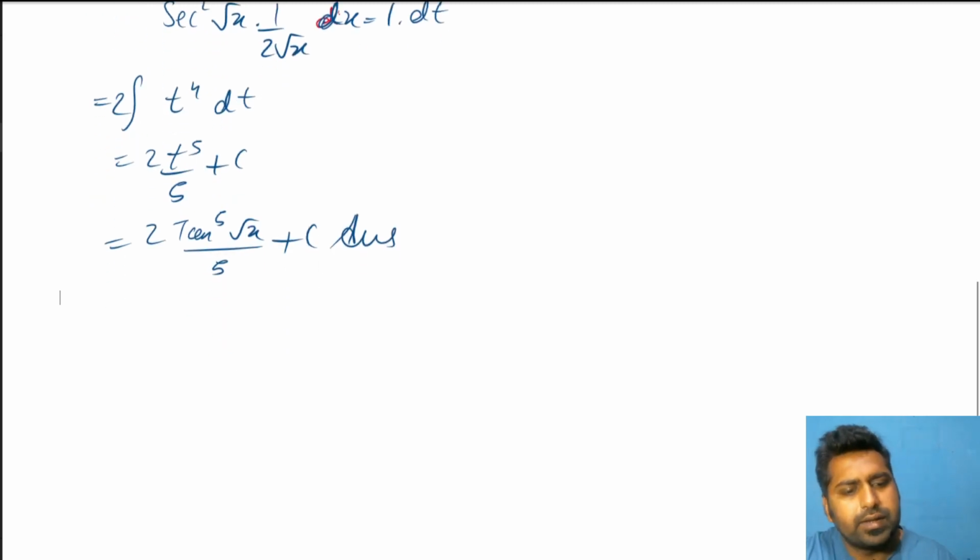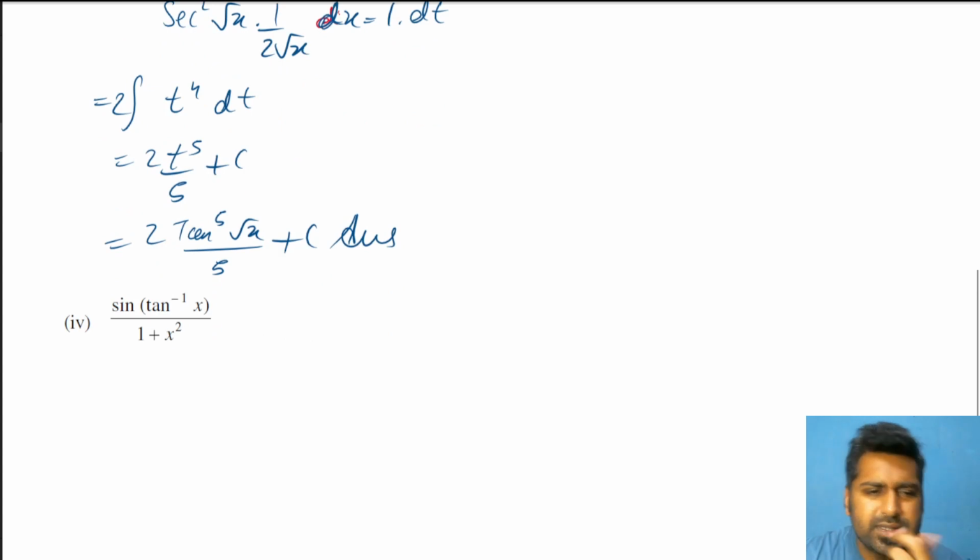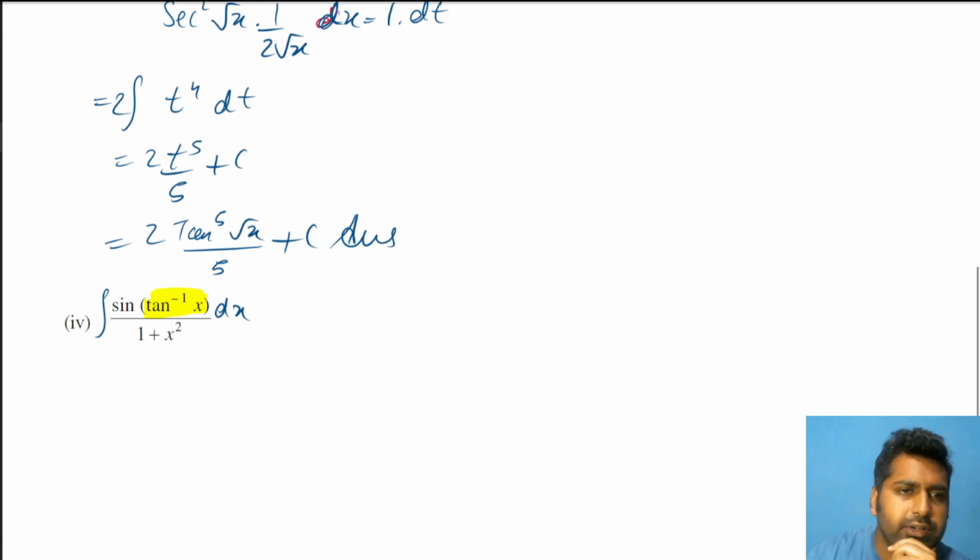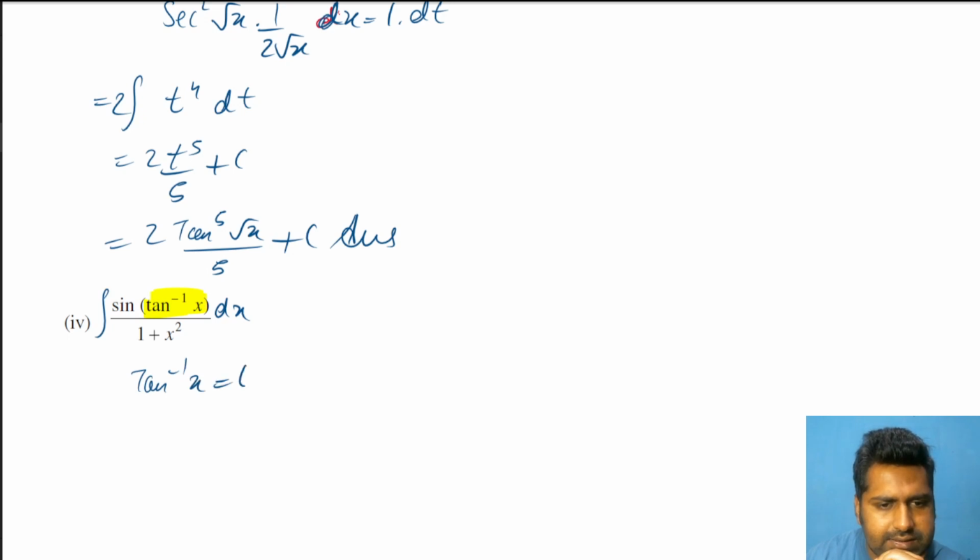All right, next question. This one is simple. If I ask you which is the weirdest looking thing, you'll say because of this tan inverse x inside sine, this is making even sine weirder. So I'll let tan inverse x be t. Then the differentiation of this is 1 upon 1 plus x square dx equals dt.